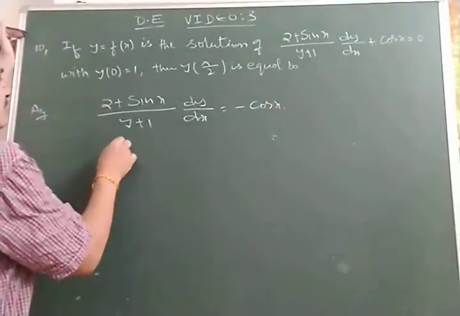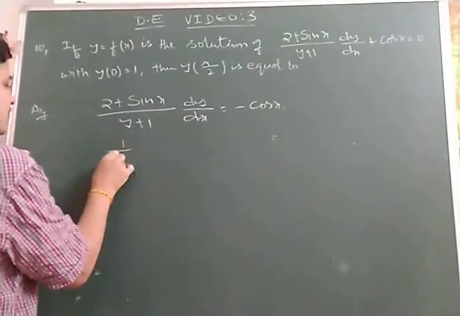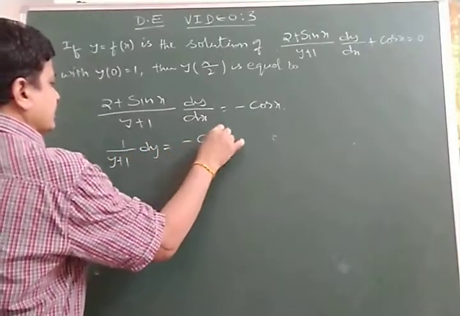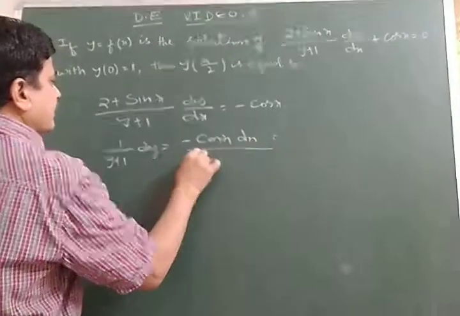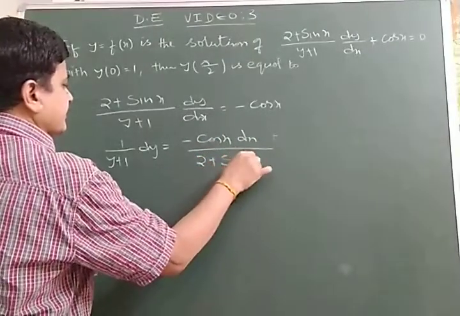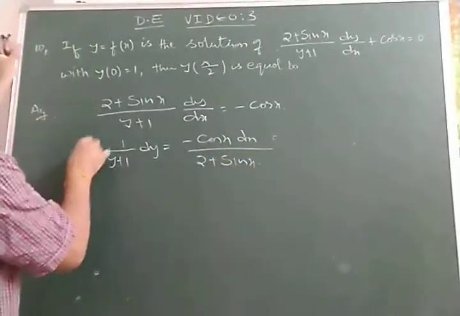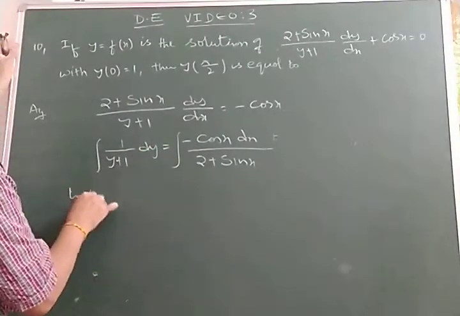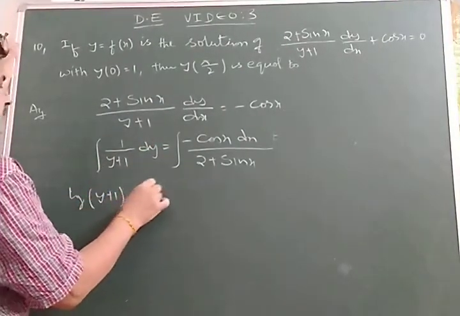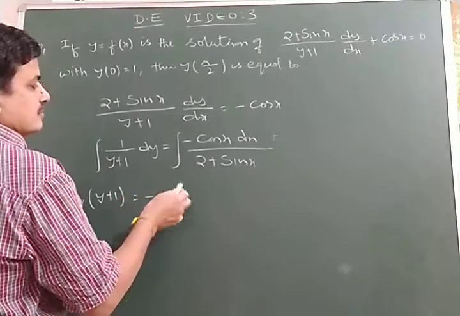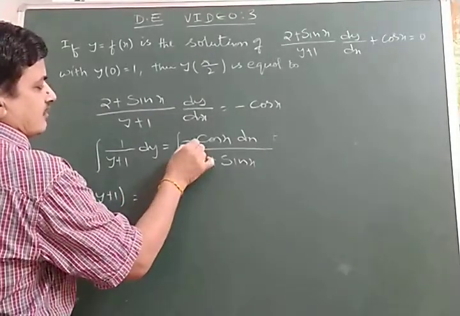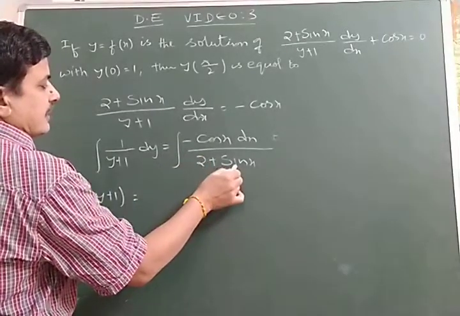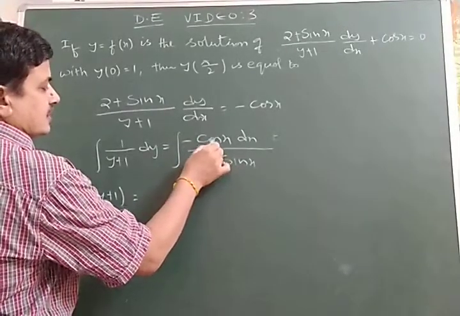So 1/(y + 1) dy = -cos x dx/(2 + sin x). Now applying integration on both sides with respect to x. This is log(y + 1) = -, and this is of the form f'(x)/f(x), since the derivative of 2 is 0 and the derivative of sin x is cos x.